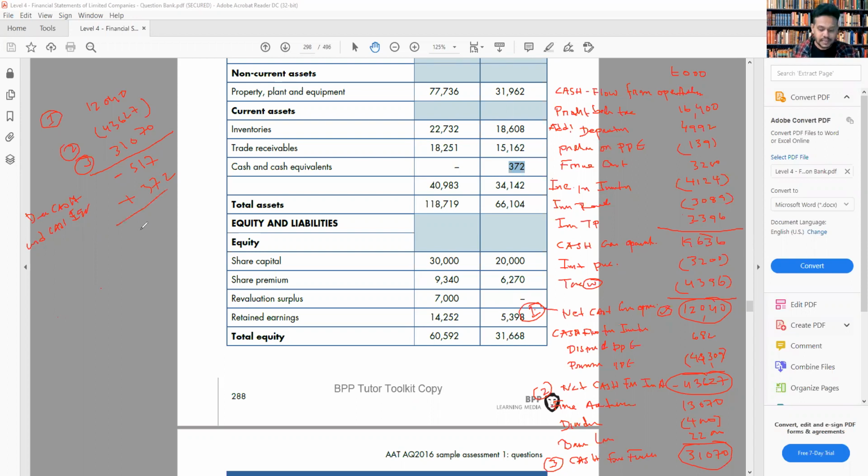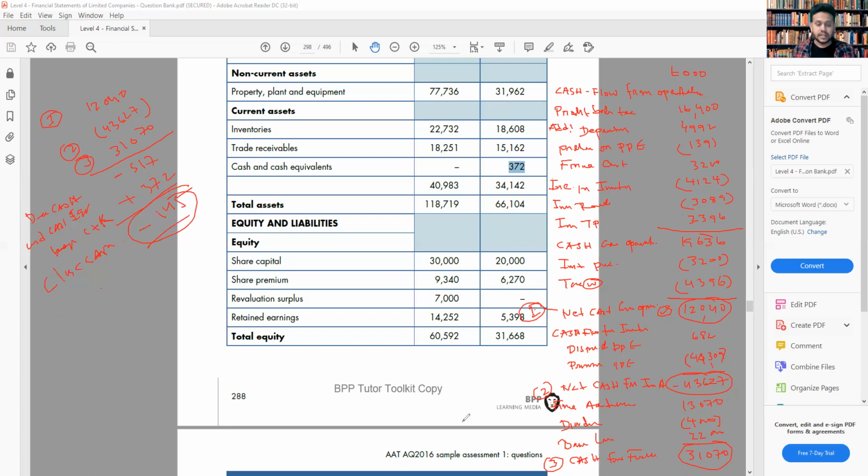That means still I have a minus 145, isn't it? That's my closing cash and cash equivalent. And this one, beginning of the year, cash and cash equivalent. So this 145 exactly has to match our bank closing balance.